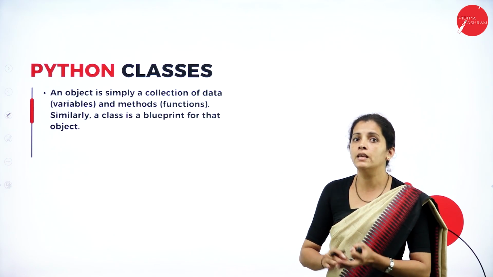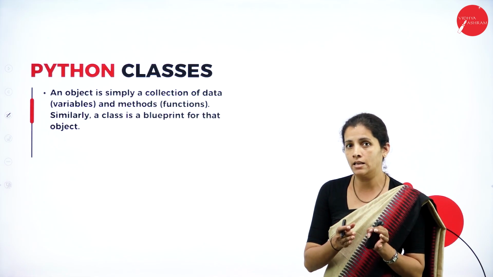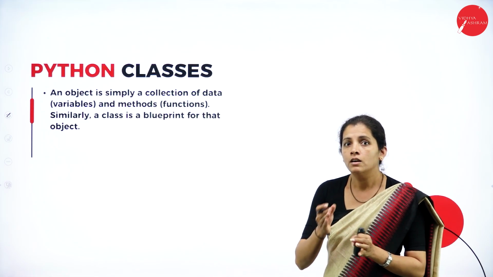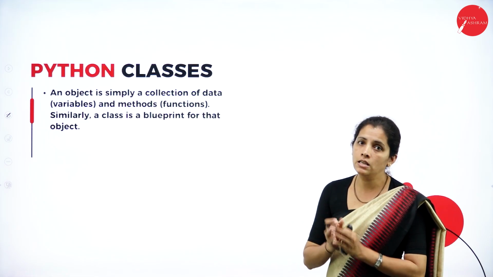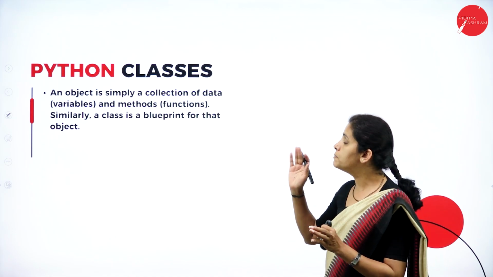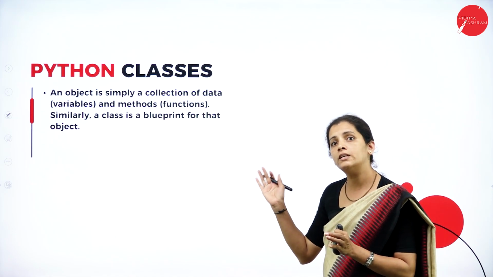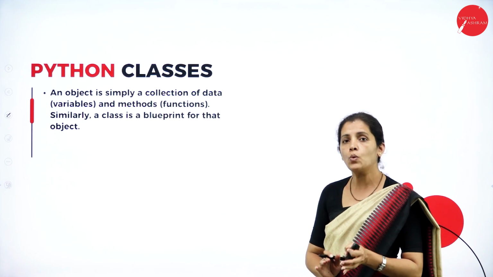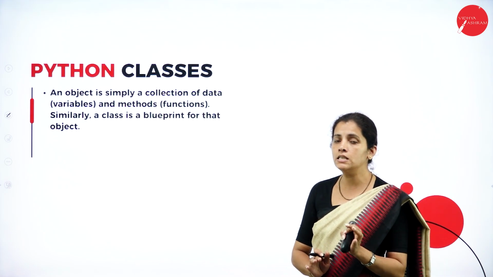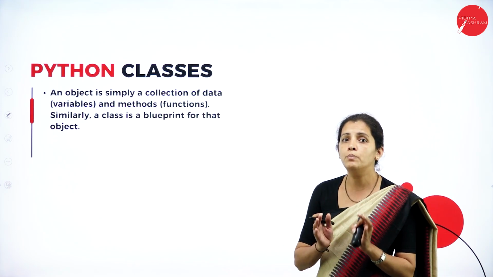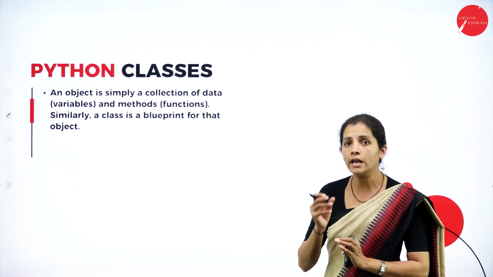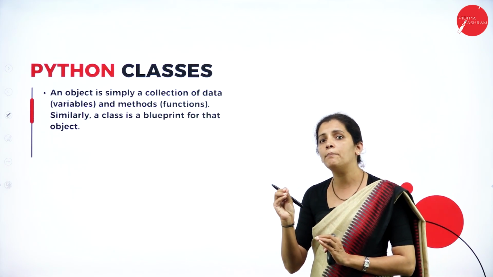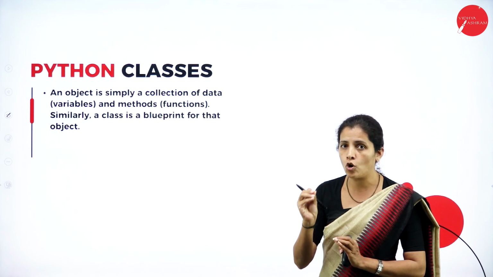For example, if I consider mic, camera, light, or board, these are the properties of class. So what is class? Class is just a blueprint or a template used to represent real-world problems.